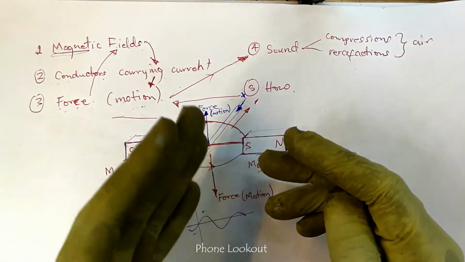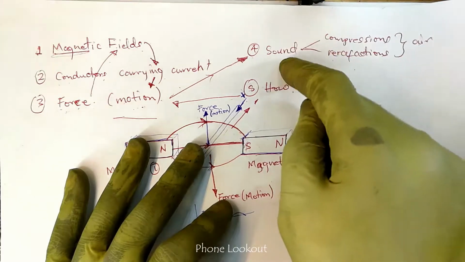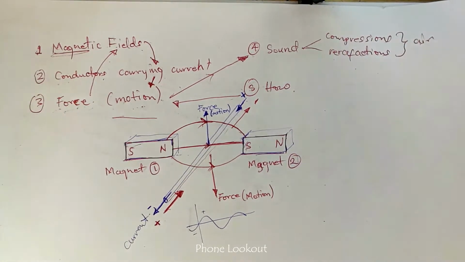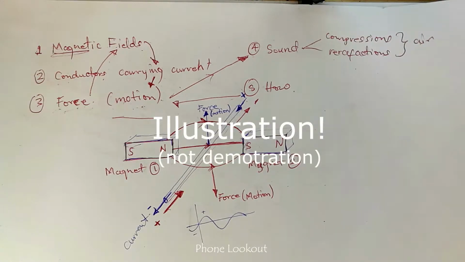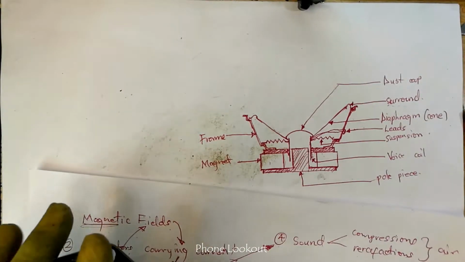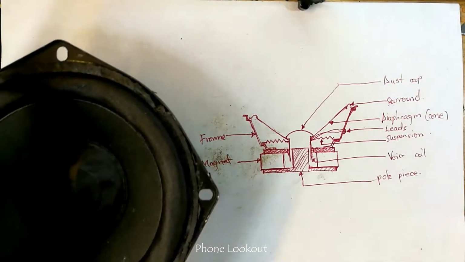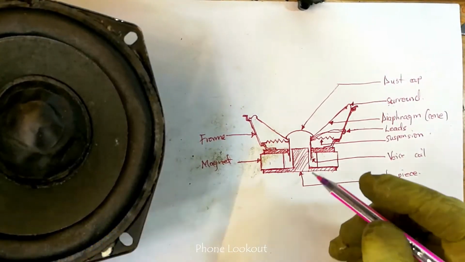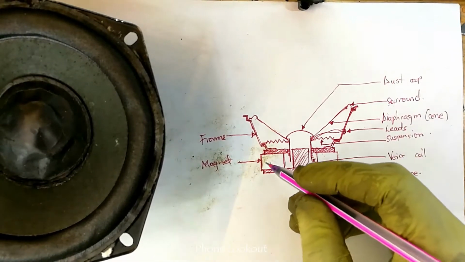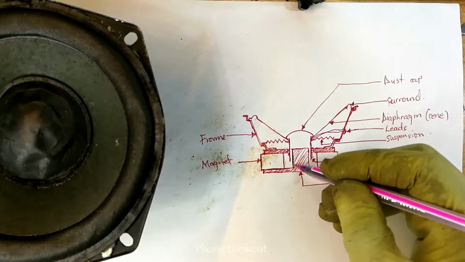So how do we harness that force to help us produce sound? Now let's go back to our demo illustration right here. From our diagram that we drew earlier on, if you note right here, this is a magnet, and these are pole cores.